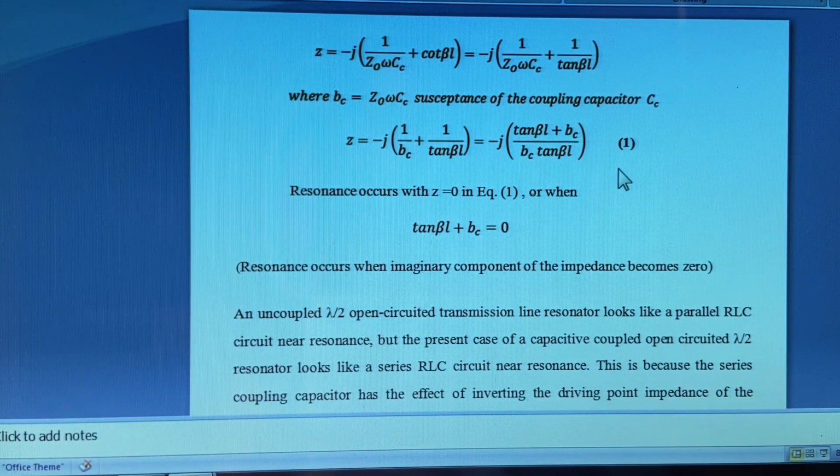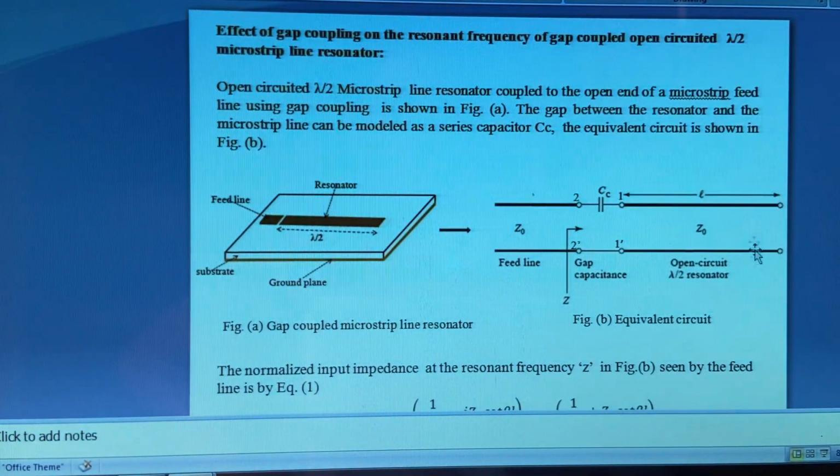So the input impedance, as we saw, at resonance, our resonance will occur when Z is equal to 0. As we discussed in resonators, this is the resonance of the circuit. So this is our resonator circuit now. Whenever the input reactance is equal to 0, we will be getting a resonance.